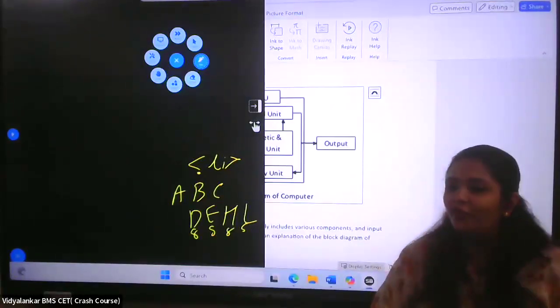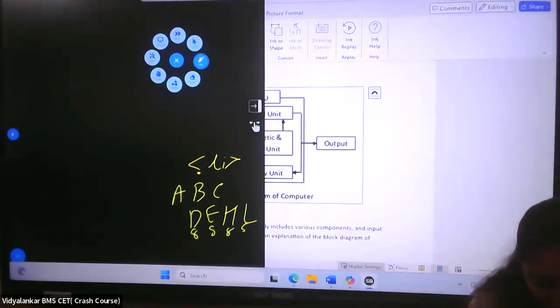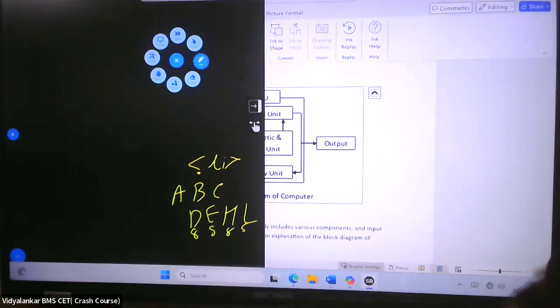So which test will you solve first? Online even, you are supposed to solve the test. Do you have it with you? Is it shared? Yeah, I think they must have shared. If not, then I'll share it with you. Which test are you planning to solve first?